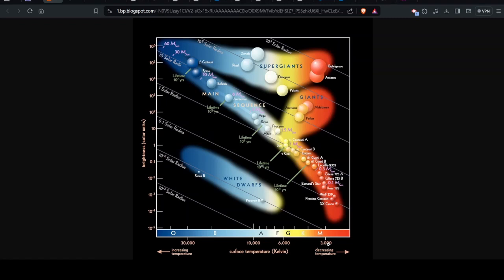But the ones that you're going to see mostly are O, B, A, F, G, K, M. In introductory astronomy, in the first class that I took, the mnemonic that they use, and this is universal among astronomers, is "O, be a fine guy, kiss me," or girl. And that's stuck with me my whole life.